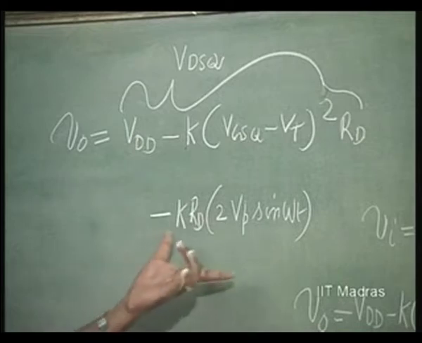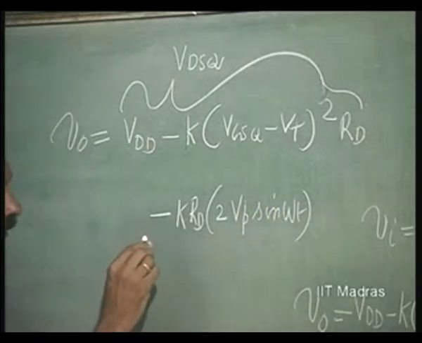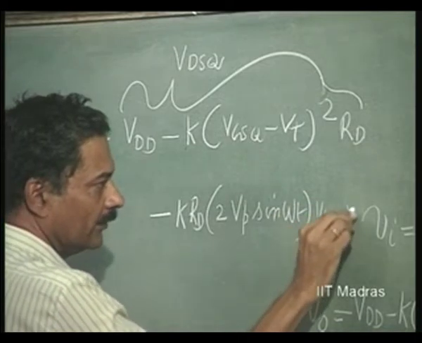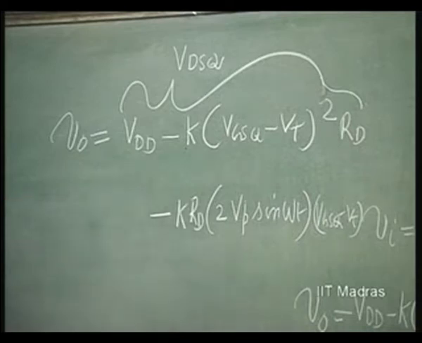So, this is the wanted component, sin omega t into VGSQ minus Vt, that into Rd we have already taken into account, minus unwanted component.